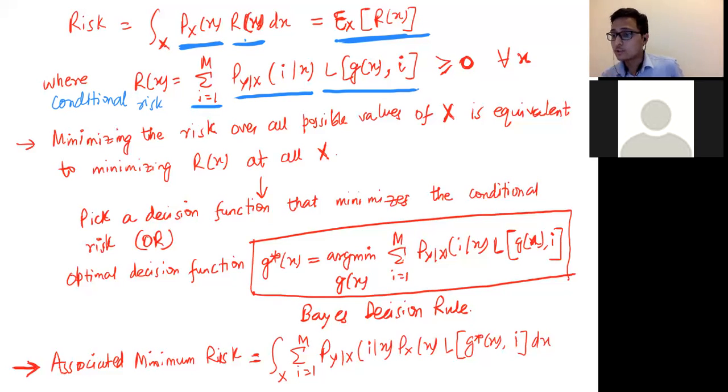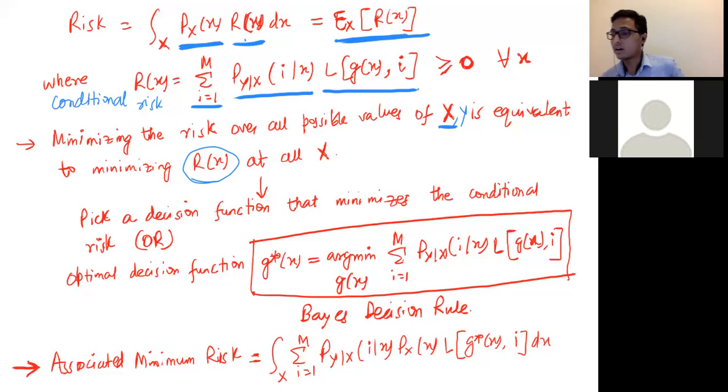Yes. So, as I defined earlier, the objective is to minimize the risk over all possible values of x and y, and this is equivalent to minimizing your class conditional risk at all the values of x. So this is equivalent to choosing a decision function that minimizes the conditional risk.